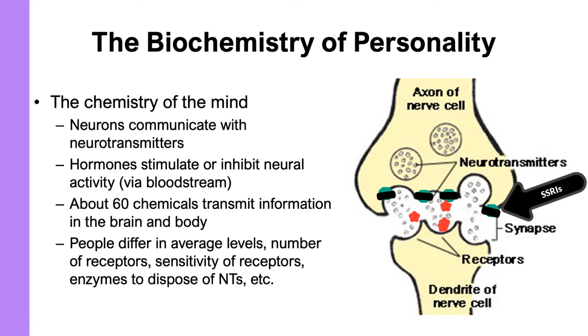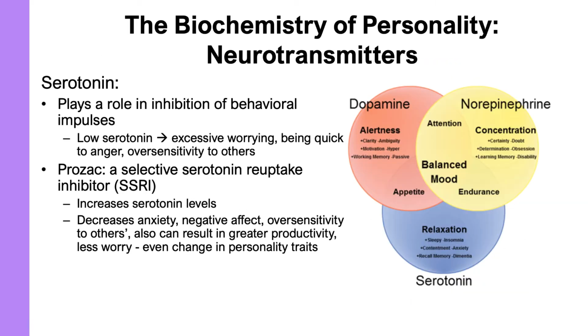So it allows that serotonin to remain in the synapse longer, and the longer it's there, the more it can cross over and hit those receptors and communicate. In this case, it would be an inhibitory message, don't fire. So this would be the don't get angry excessively, don't worry, don't be oversensitive.